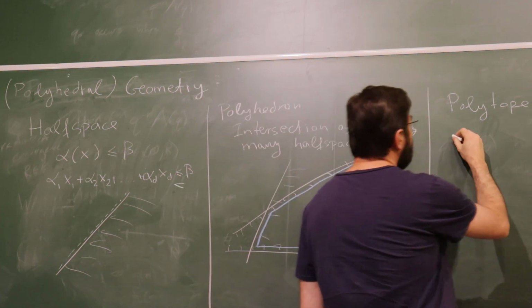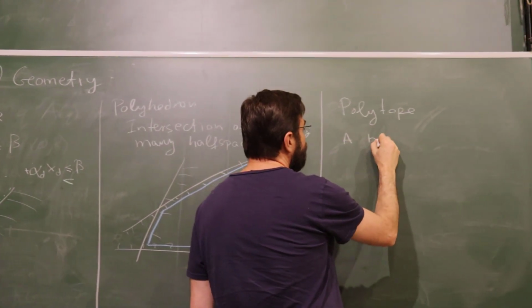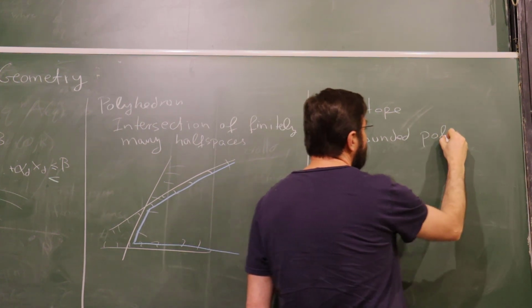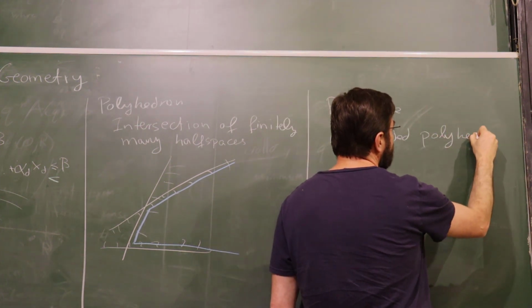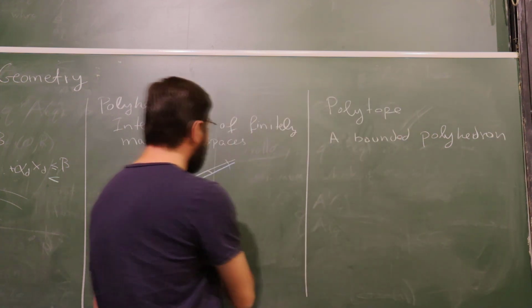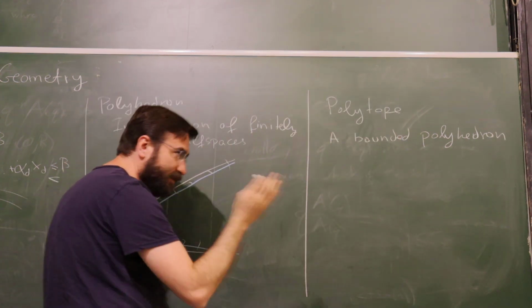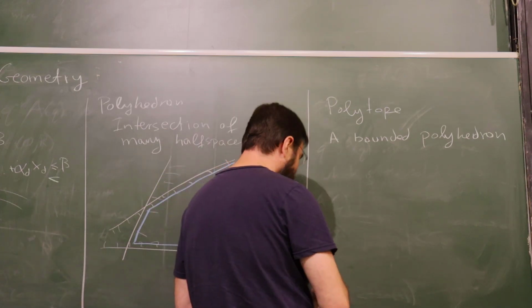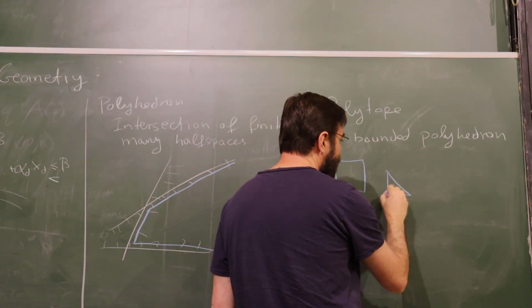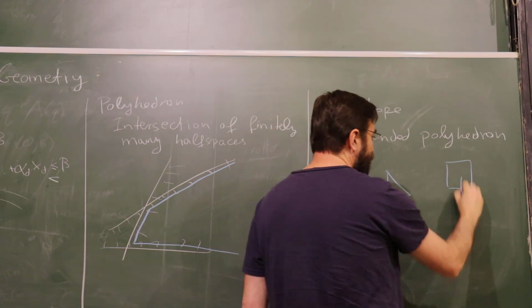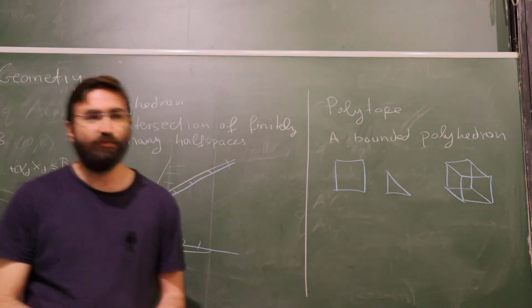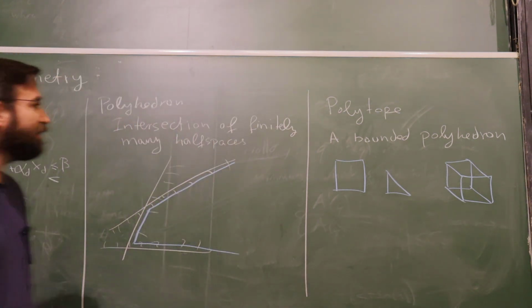So a polytope is a bounded polyhedron. For example, this is not a polytope, because here it's not bounded. But like this, or that, or, look, I'm drawing in 3D now, these are polytopes. So these are bounded polyhedra.